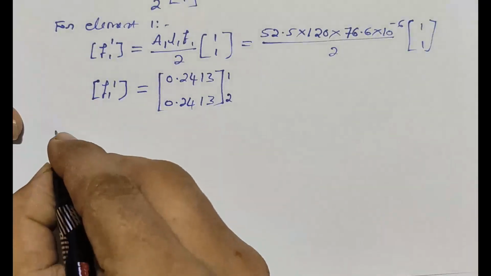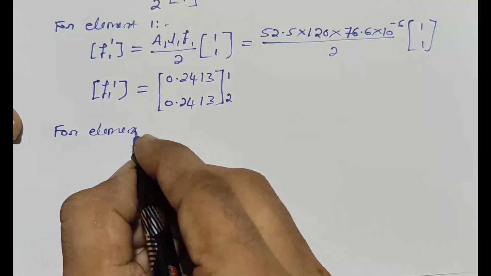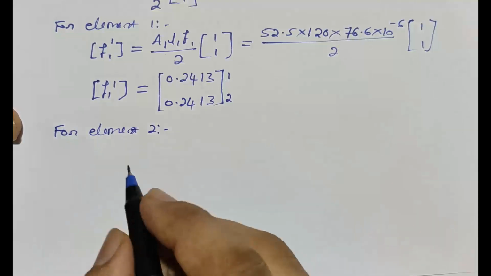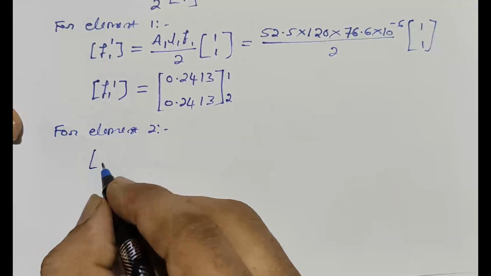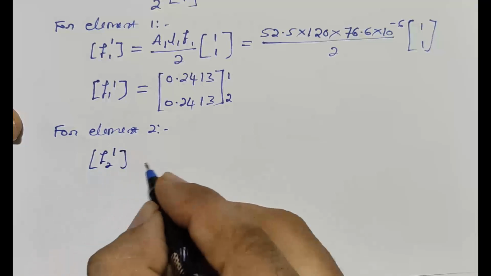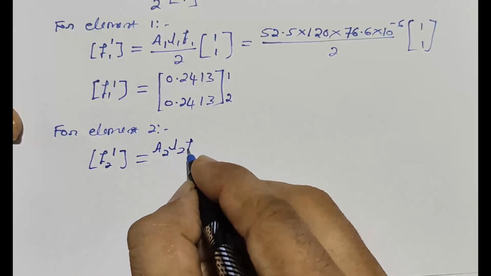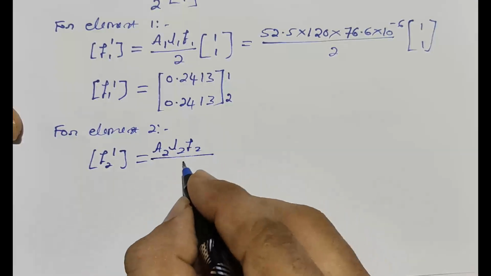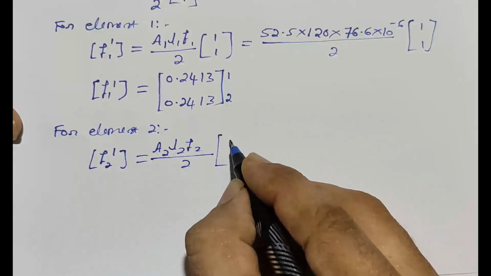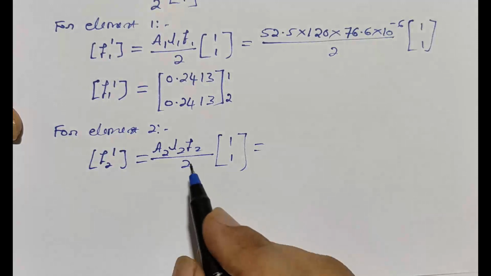Next, for element 2, body force vector F2 dash is equal to A2 L2 F2 by 2 1 1. Substitute the value.